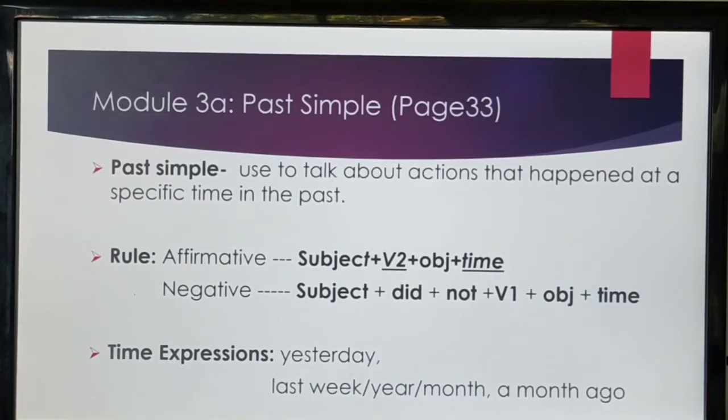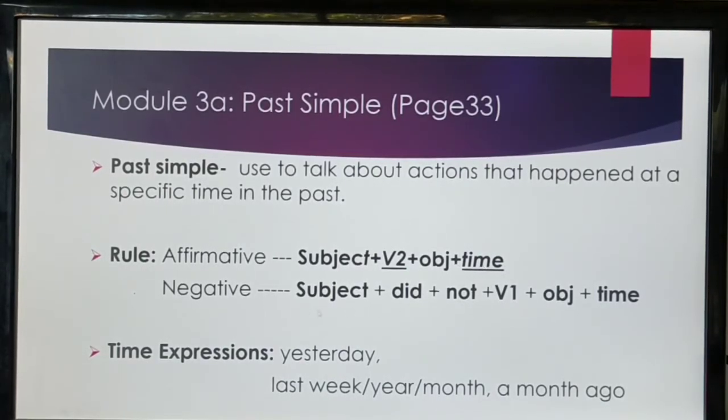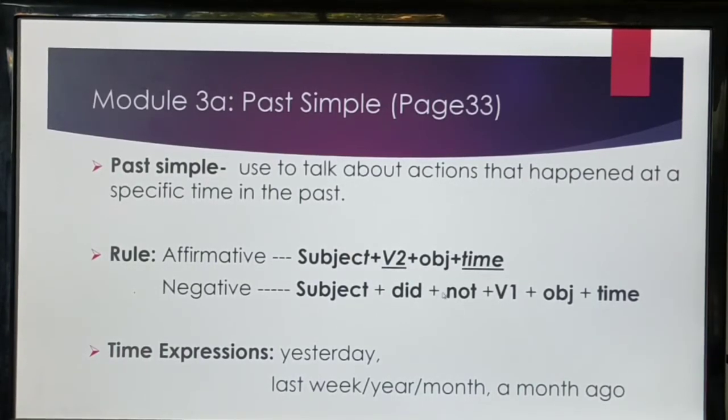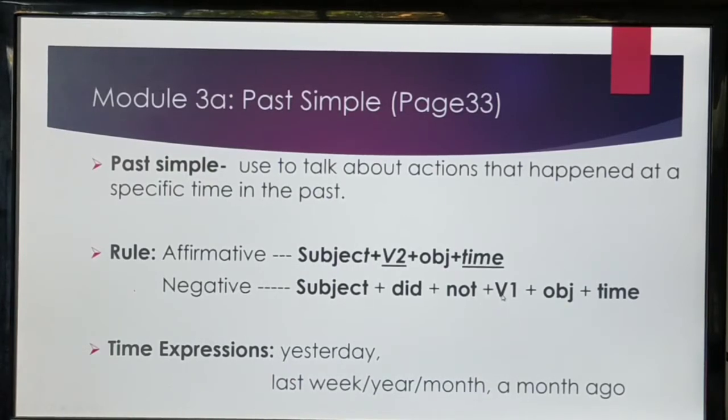So for the affirmative rule, we have subject plus verb 2 plus object plus time. And for negative, we have subject plus did plus not, which is negative, plus the base form of the verb. But to make it easier, just remember verb 1 plus your object plus your time.